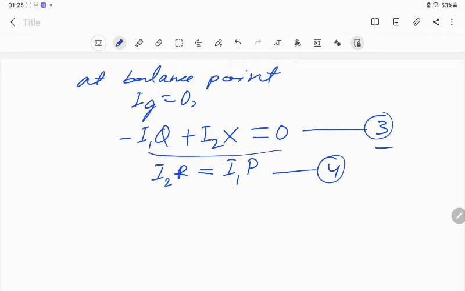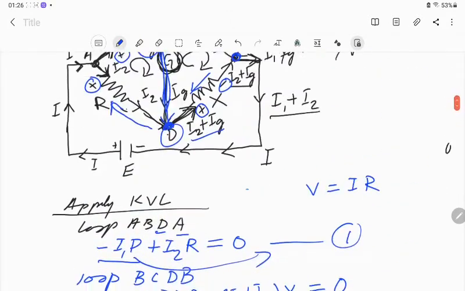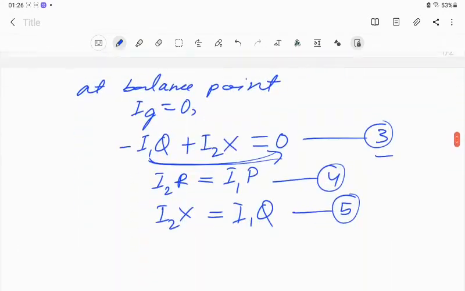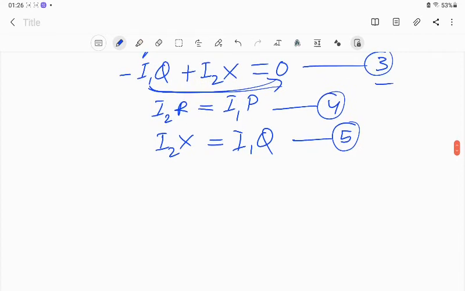And for this one also we have to do. So I2X equal to, now bring this side. So this minus will change into plus. I1Q, equation 5. Okay, now we have to prove this one, P by Q. Now divide 4 by 5.